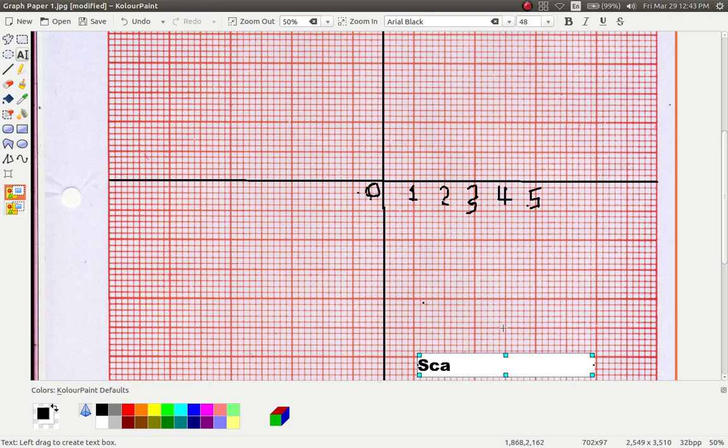Nice. A scale, and my scale here demands that I write 1 cm equals 2 units. 1 centimeter to represent 2 units. What would that look like?